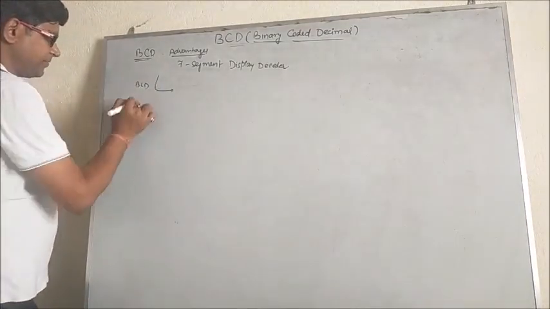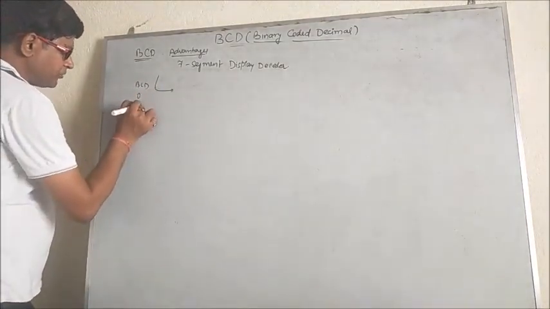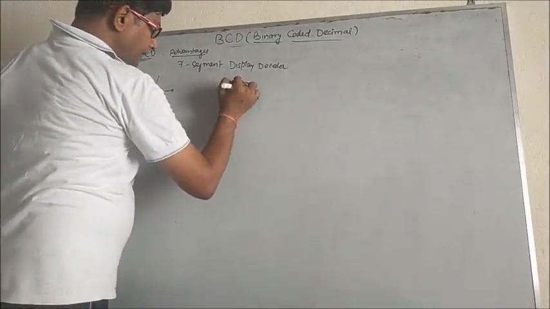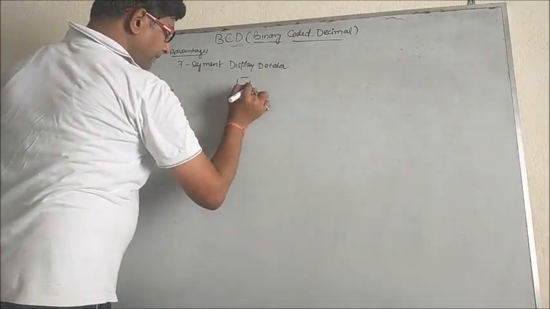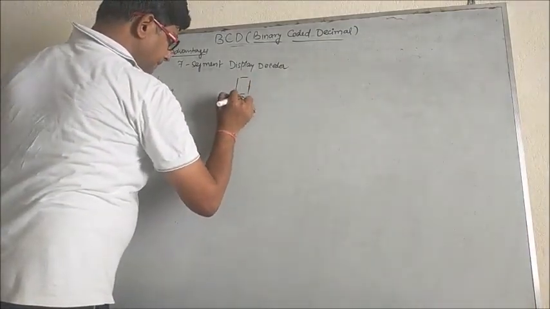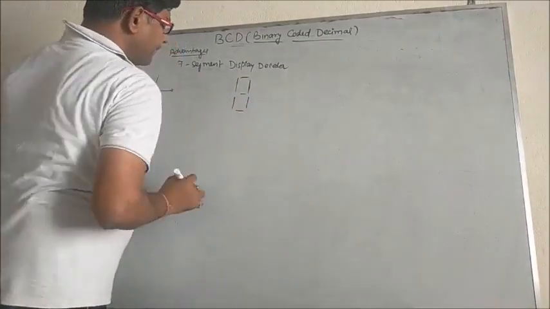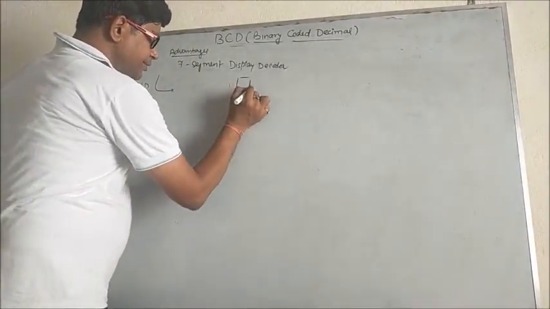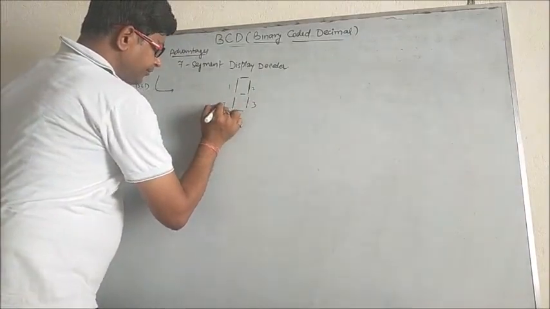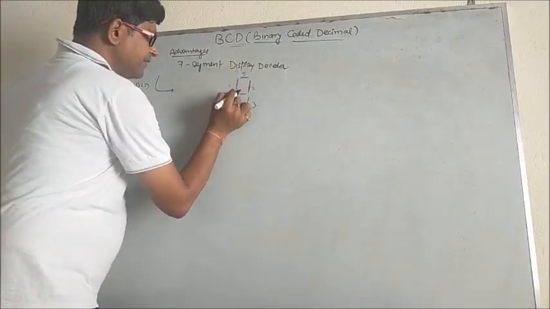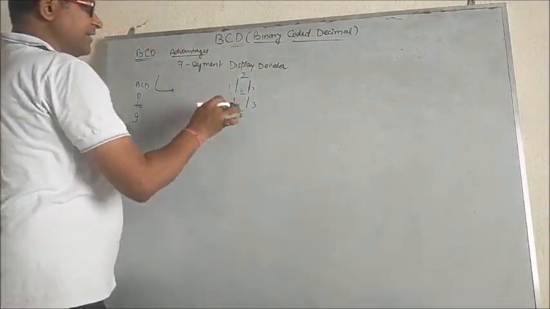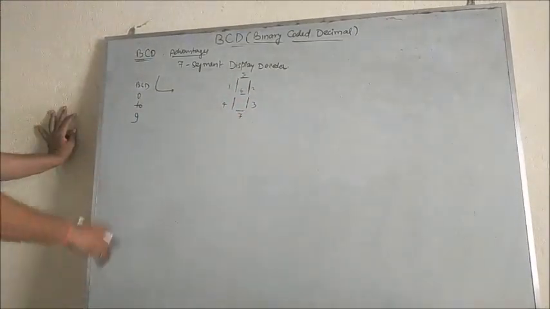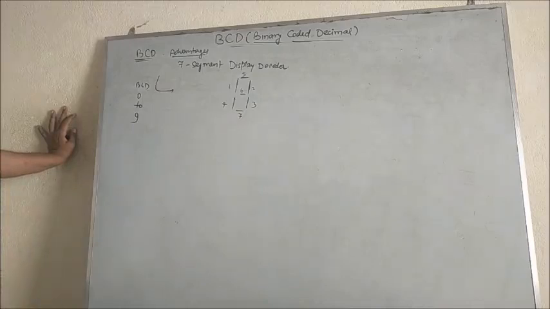In BCD, we are having the input from 0 to 9, and we are having 7 segments like this. You can easily write 1, 2, 3, 4, 5, 6, 7. So this individual line is known as segment. So there are 7 lines, so 7 segment display.